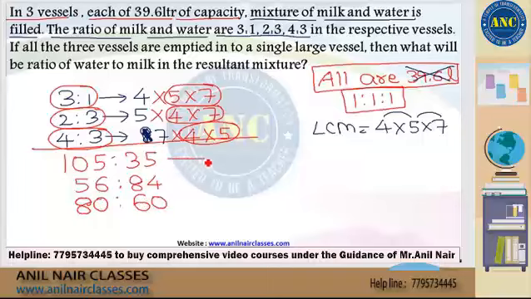Check it out. They are of equal ratio. 105 plus 35 is 140. 56 plus 84 is 140. 80 plus 60 is 140.